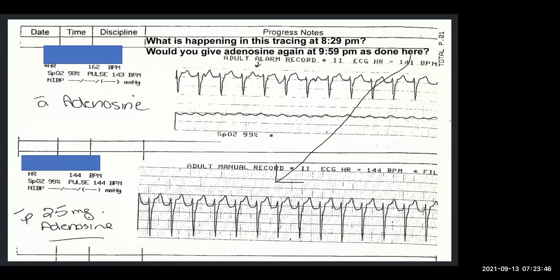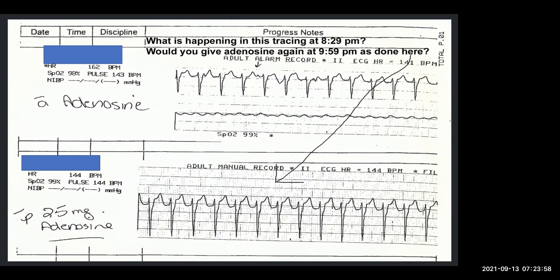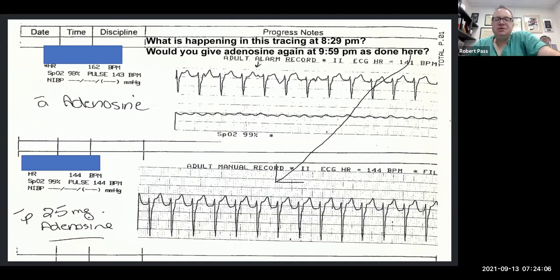I assume hemodynamically stable because they're feeling. Well, the only way I can suggest to you that they're stable is the fact that at 8:29 they were in the rhythm and they were still alive at 9:59. So presumably they were stable, which, by the way, is an important point, because people have the misunderstanding that if you're in VT, you're basically almost by definition very, very unstable.